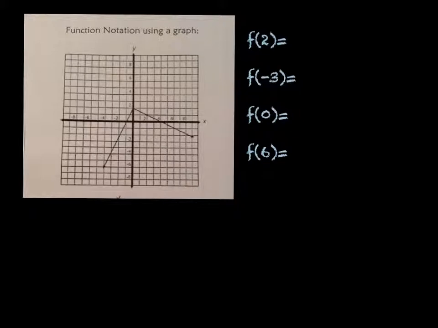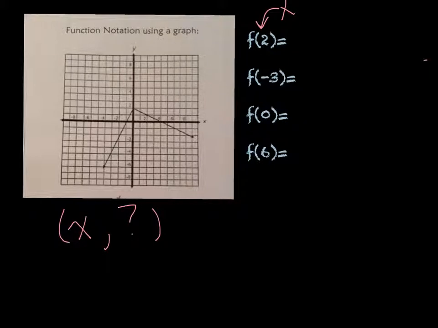Each one of these has an x value in the parentheses. It's important to remember that what they are asking for is the y. So basically, each of these is giving you x and asking you for the missing y in the ordered pair.